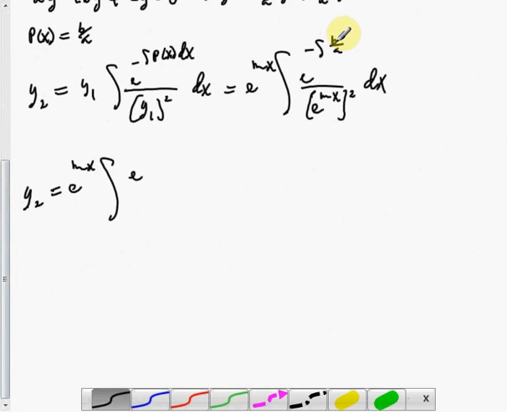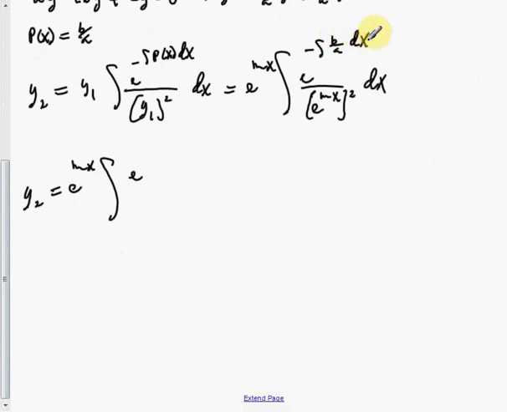That's negative b over a dx. And then when I integrate, I get negative b over a times x. And this is over e raised to a power. You multiply the power, so that's e to the 2mx dx. Okay.